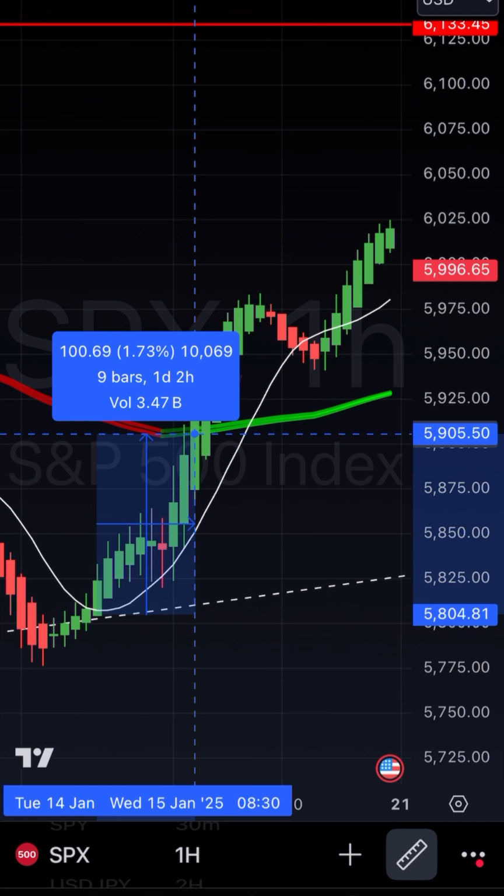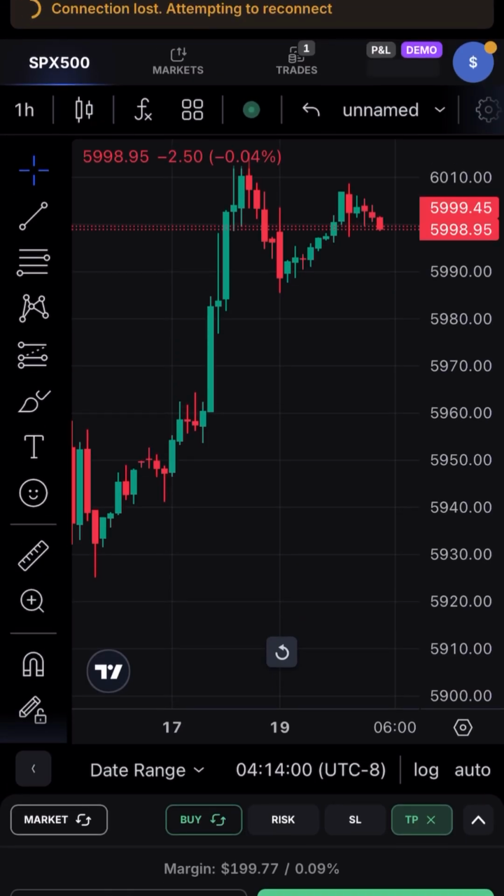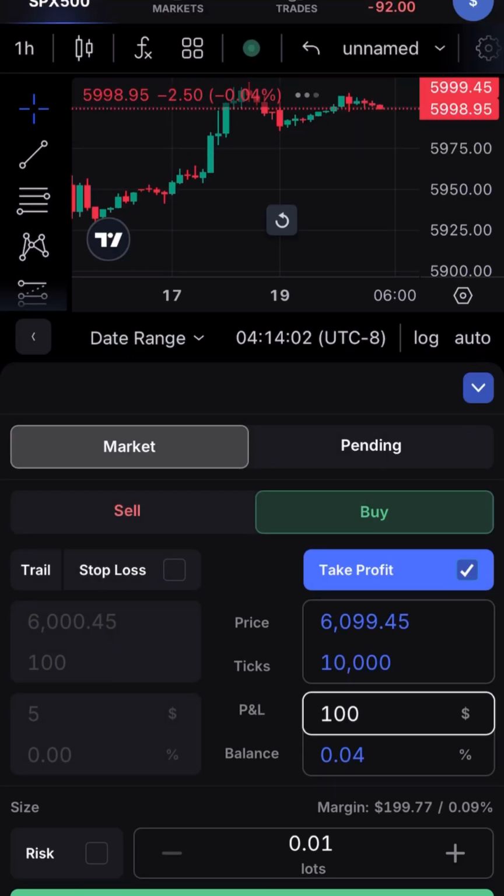This is all you got to do, and I want to teach this formula. I'm teaching it because we're going to expand into bigger amounts in future videos. But basically, this is a goal that you want to keep in mind. You want to keep a goal of 10,000 ticks with the S&P.